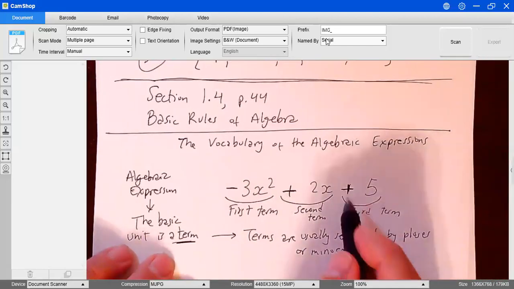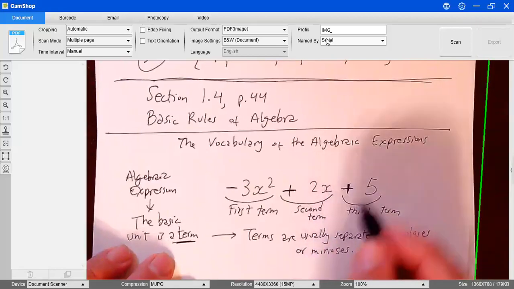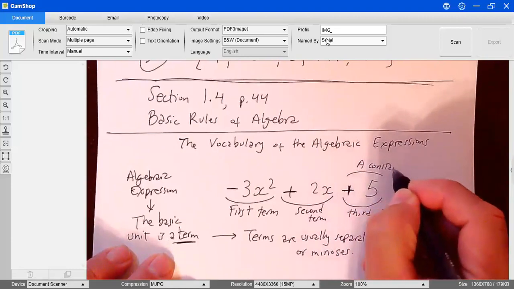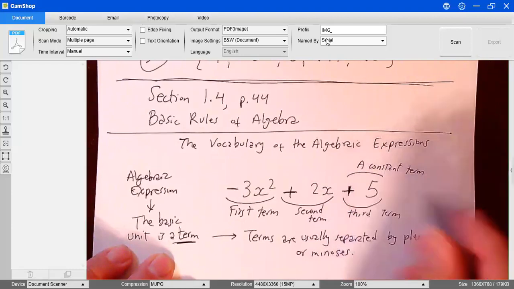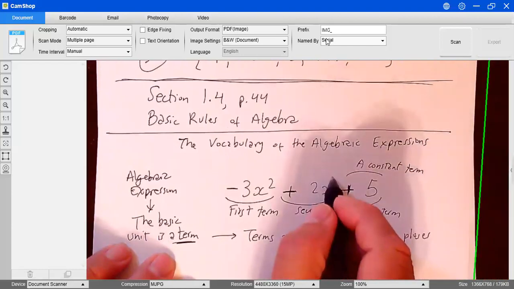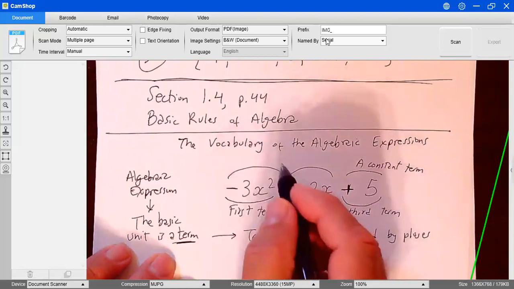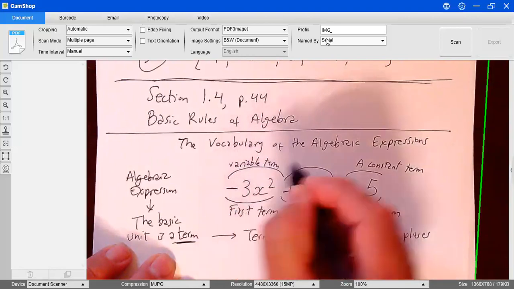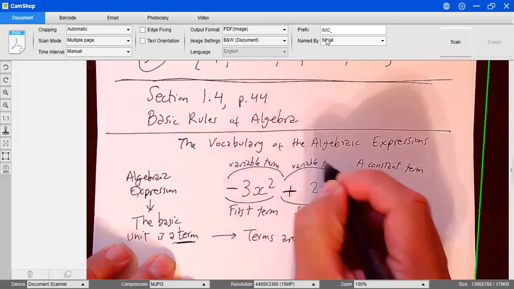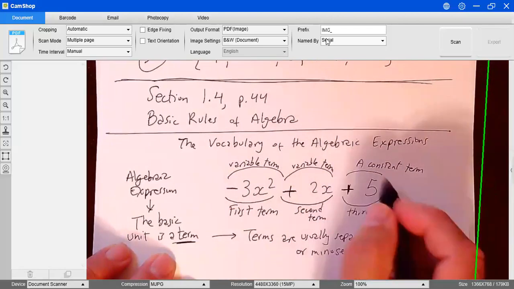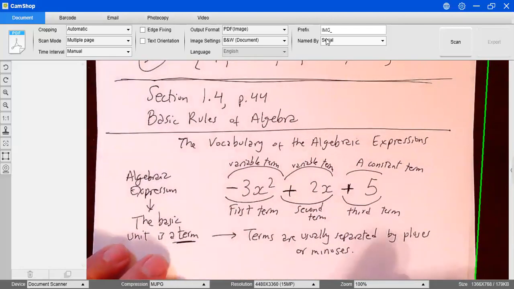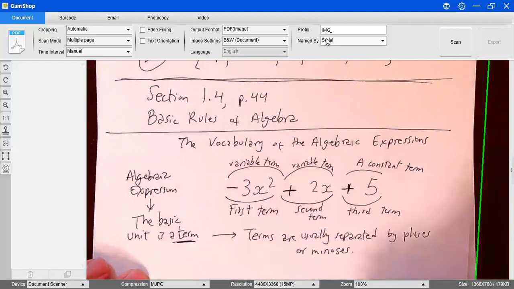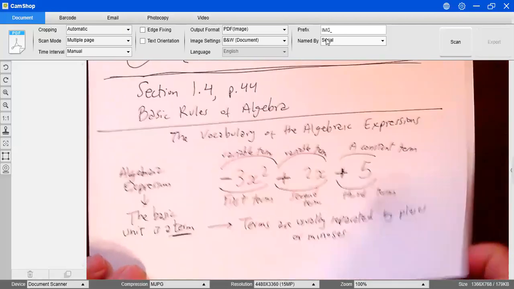So when your term doesn't contain variables, you can say that this is a constant term because there are no variables involved in this term. When you have variables like this, these are variable terms. So we have two variable terms. We have a constant term. So again, a term is the basic unit of an algebraic expression.